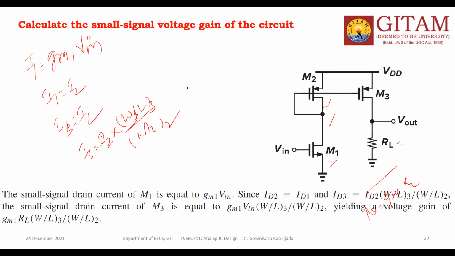I1 and I2 are both the same, which is GM1 into Vin, multiplied with W by L of 3 by W by L of 2. Got my point? This is the I3 current, flowing in this branch.